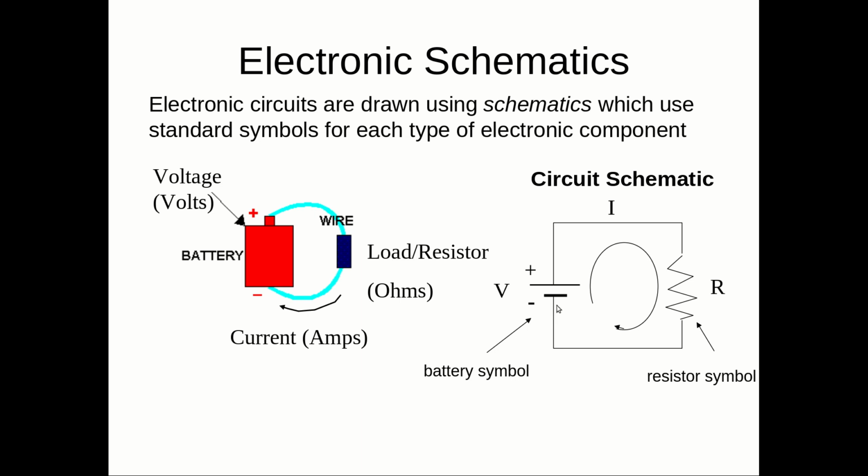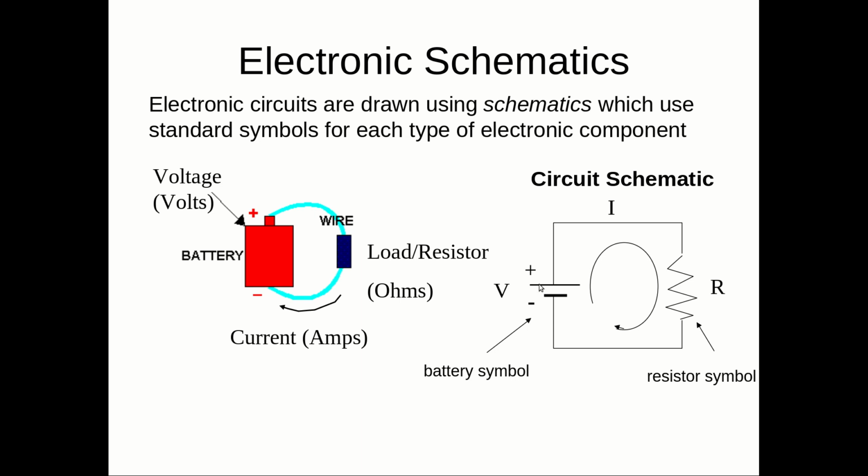We use them everywhere to solve the quantities, and just as we have symbols for the voltage and the current, we have symbols for the components of the circuit. So you remember this symbol for the resistance.